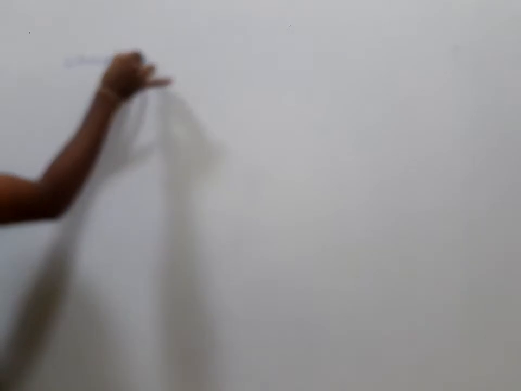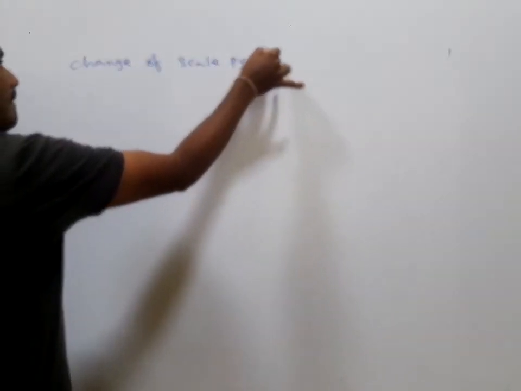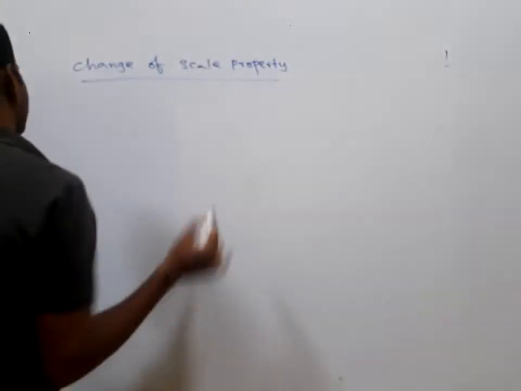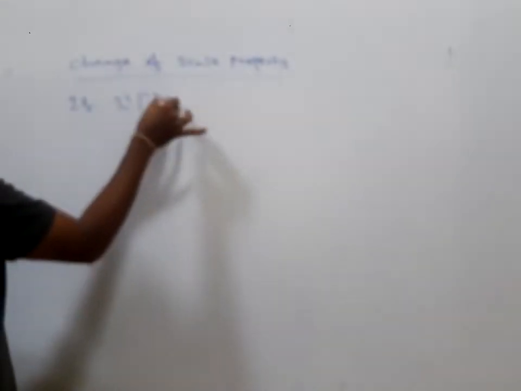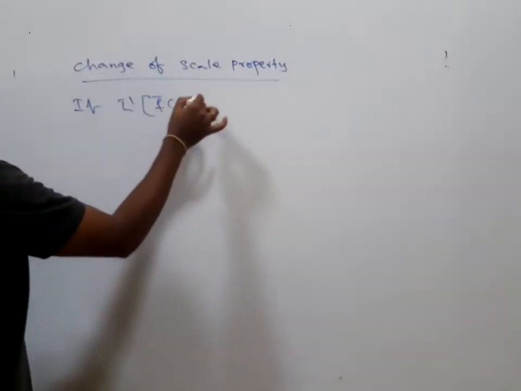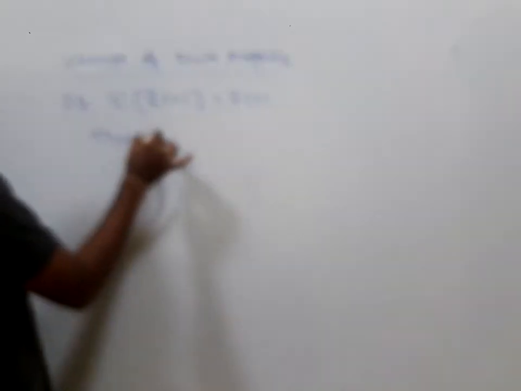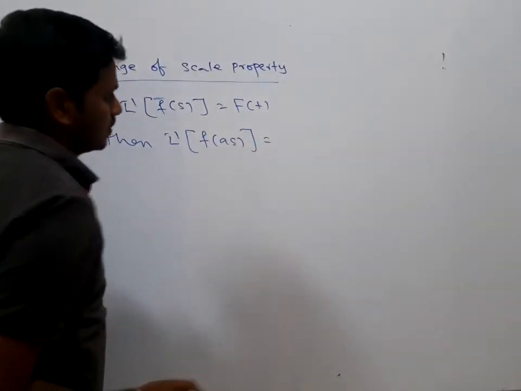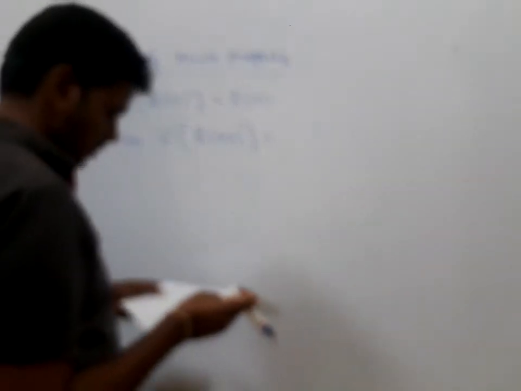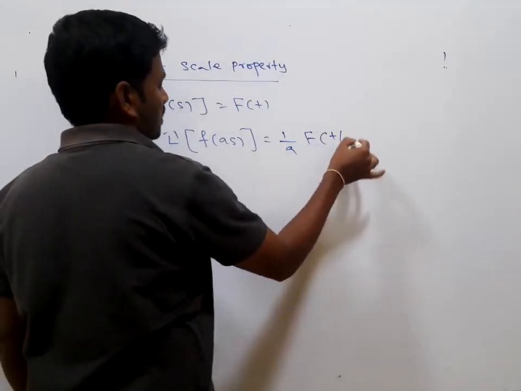Change of scale property: if L inverse of f of s is equal to f of t, then L inverse of f of as is equal to 1 by a into f of t by a. The proof is also the same. You may try for the proof.